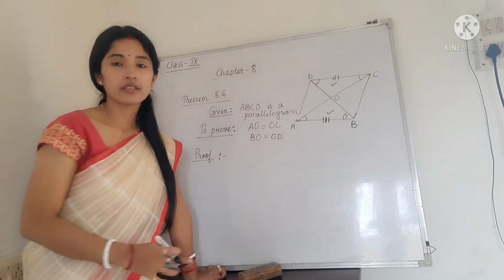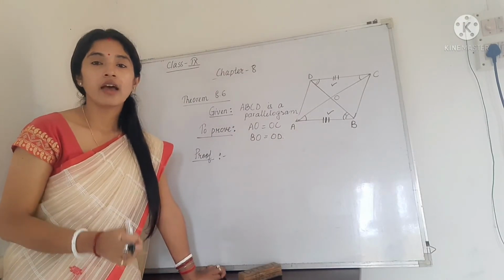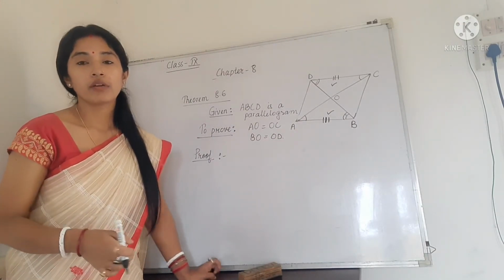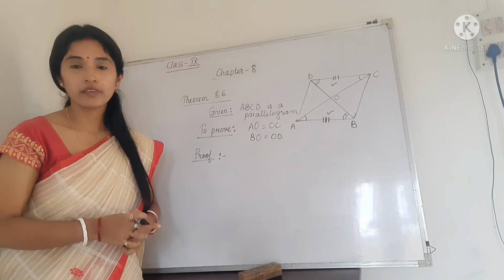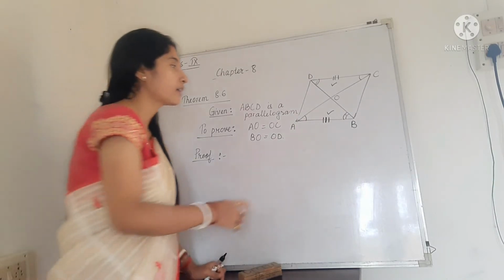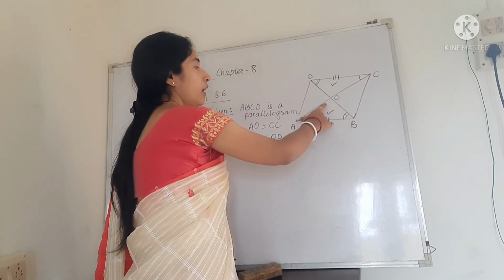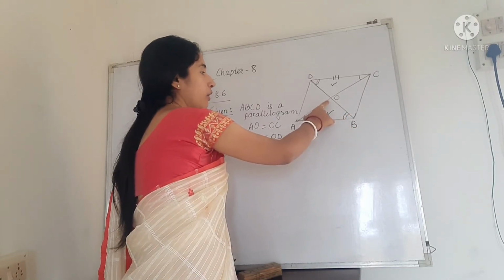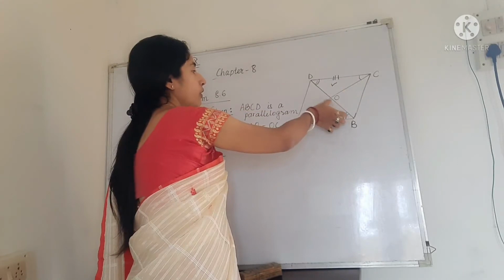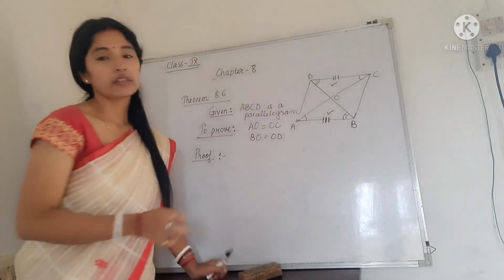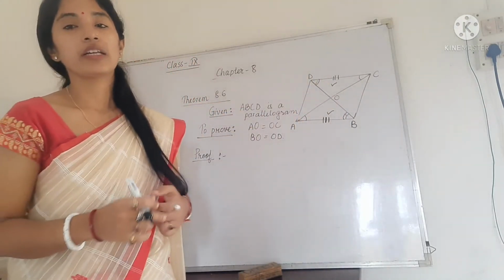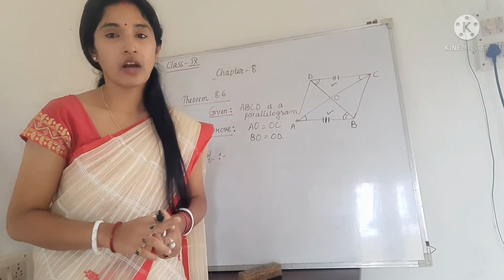So the congruency criterion is angle, side, angle. Therefore, by CPCT we can say that the corresponding sides, because now only the remaining part is left, AO is equal to OC and BO is equal to OD. So like this you can easily prove it by taking the two opposite triangles.